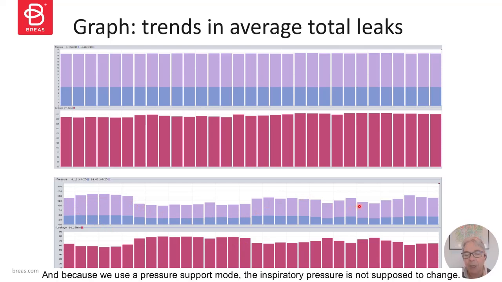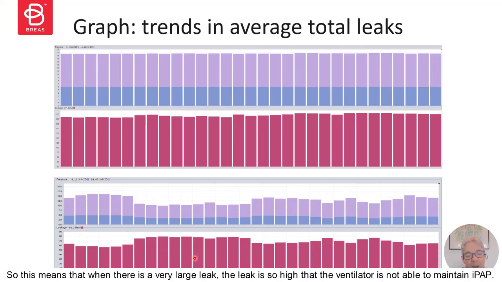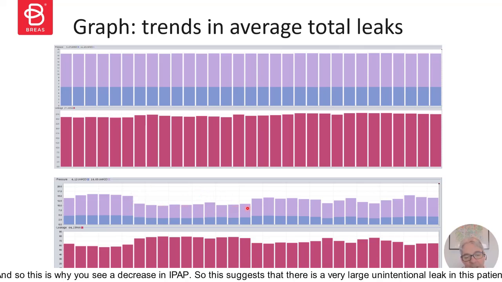And because we use a pressure support mode, the inspiratory pressure is not supposed to change. So this means that when there is a very large leak, the leak is so high that the ventilator is not able to maintain IPAP. And so this is why you see a decrease in IPAP. So this suggests that there is a very large unintentional leak in this patient.